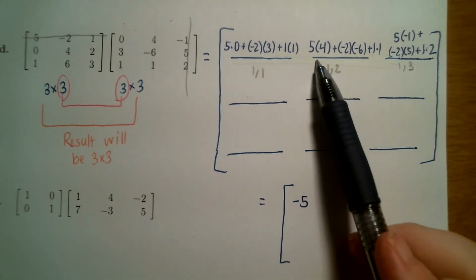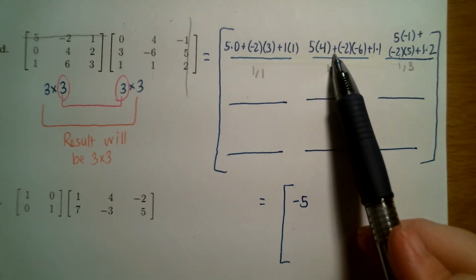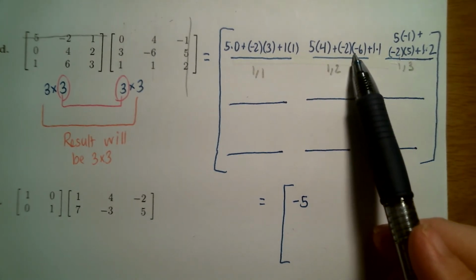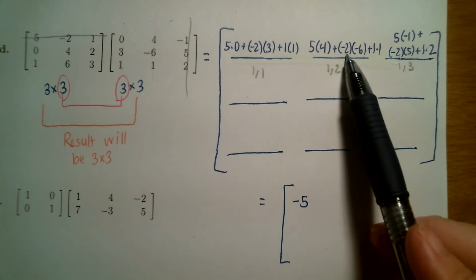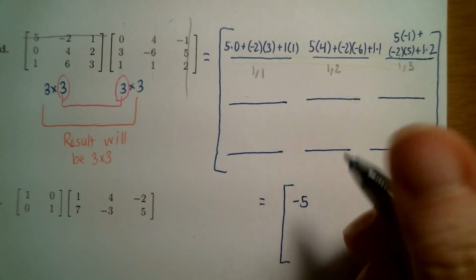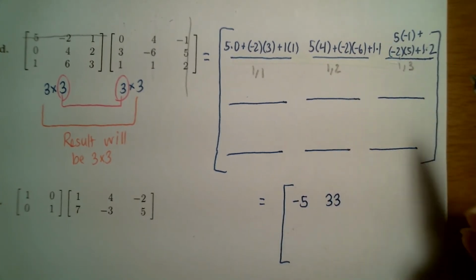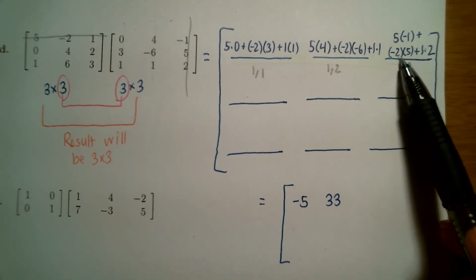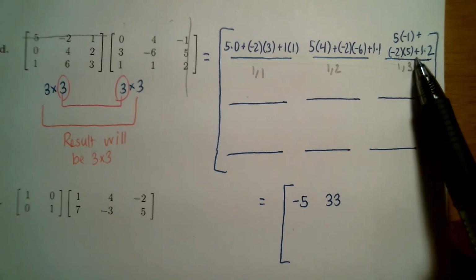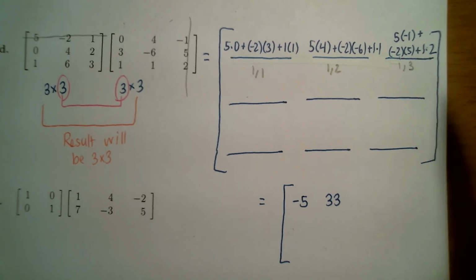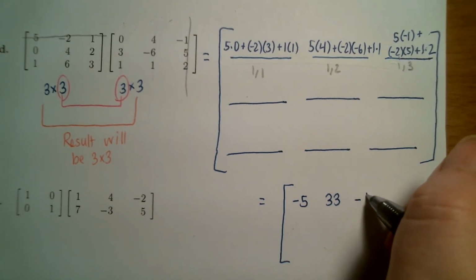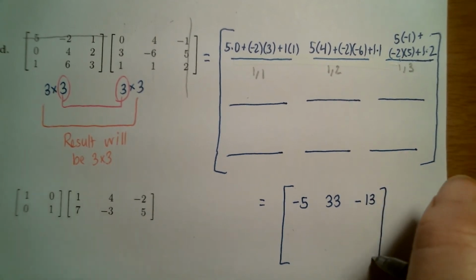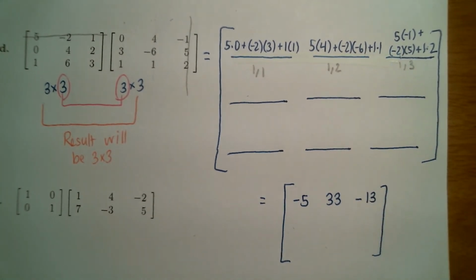Over here, this is going to be 20 plus negative 2 times negative 6 is 12. 20 plus 12 is 32, plus 1 is going to be 33. And then over here, negative 5 minus 10 is negative 15, plus 2 is negative 13. So you can get some interesting numbers on here. All right, so that's that.